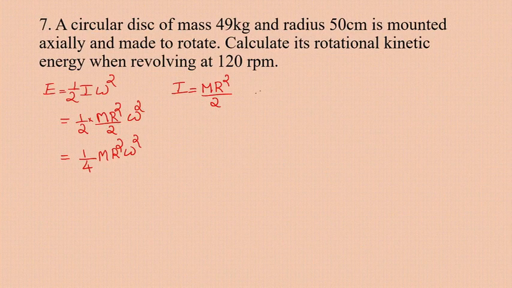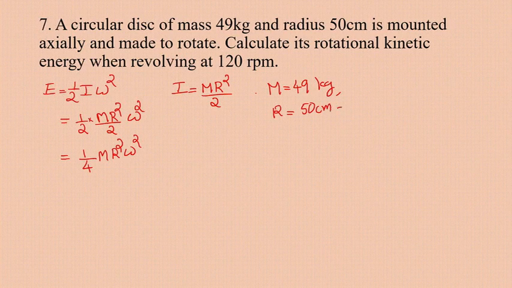Here the mass is given, that is capital M is equal to 49 kg and the radius capital R is equal to 50 cm, that is equal to 0.5 meter, and we are given the angular velocity in terms of 120 revolutions per minute.